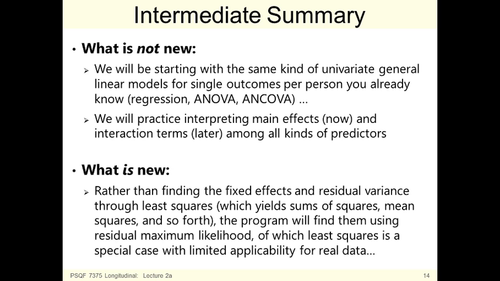But likelihood estimation via REML, residual maximum likelihood or restricted maximum likelihood, is known by two different names. That is the same thing as least squares if you have complete data. So it's not anything new and different. It just generalizes to something more flexible when you need it to be. So, okay, questions on any of that before I keep going?